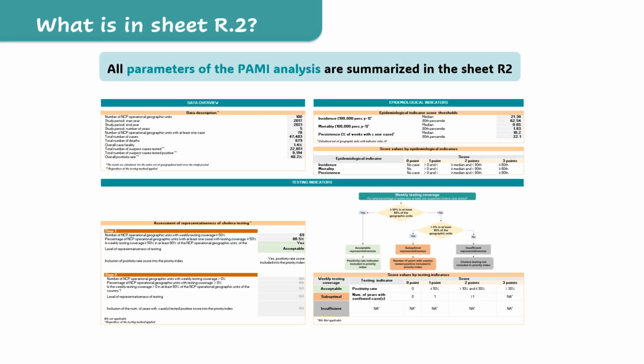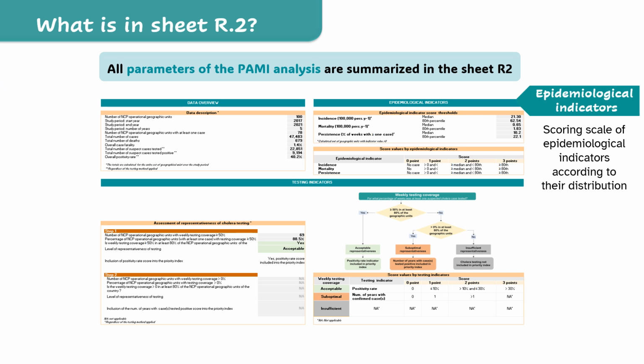Sheet R2, Overview Tables, displays key parameters of the analysis performed on your dataset. The first section, on the upper left side, is Data Overview. This section provides descriptive information and summary statistics on your dataset. The second section, on the upper right side, is Epidemiological Indicators.